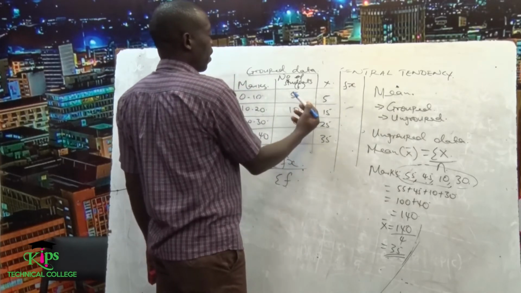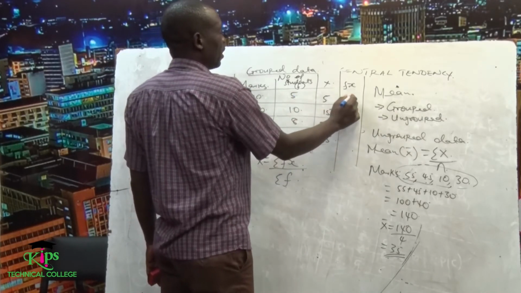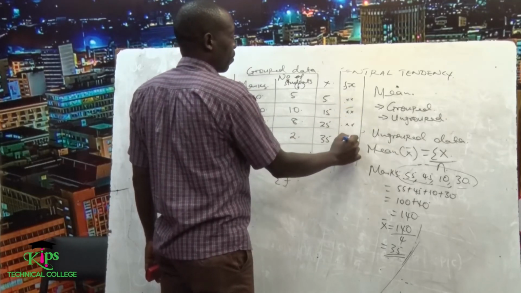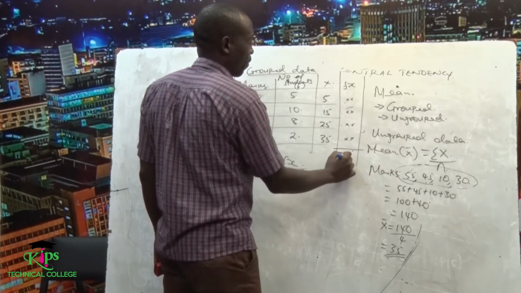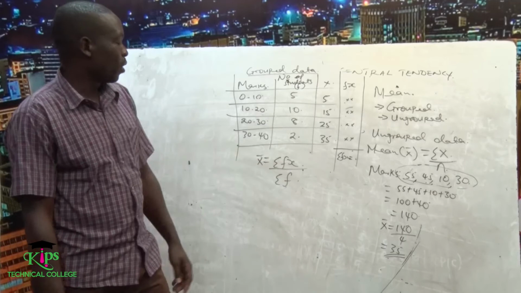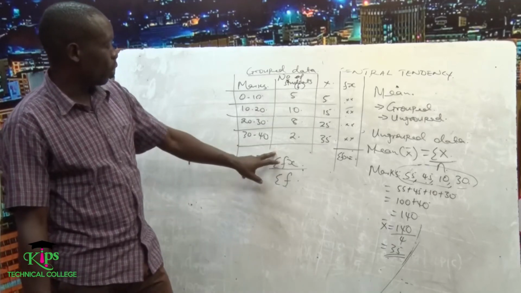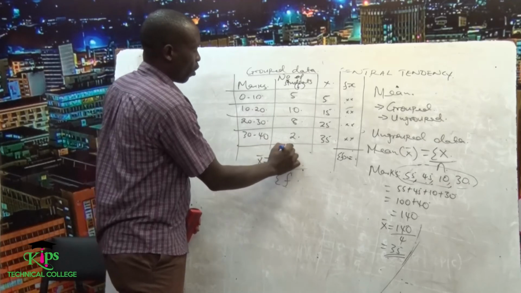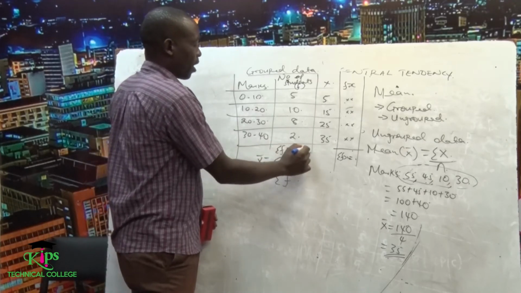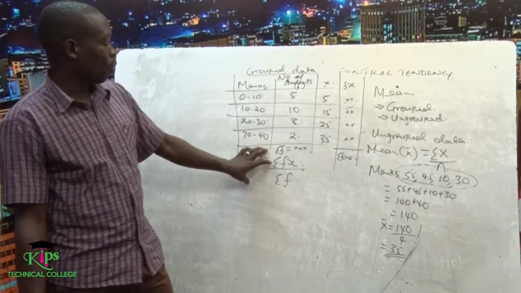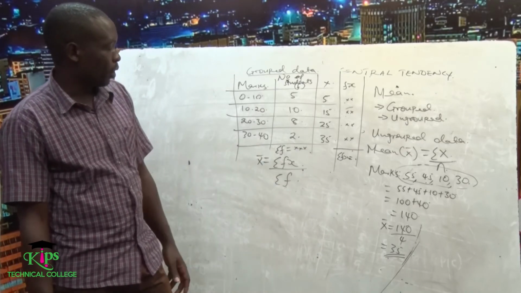As you multiply f times x, you will get the values of fx down in the table, and then you sum the fx's, which is substituted in the formula to get the mean. You also sum all the f's, so that you can get the value for f, which you substitute in the formula to apply it appropriately.